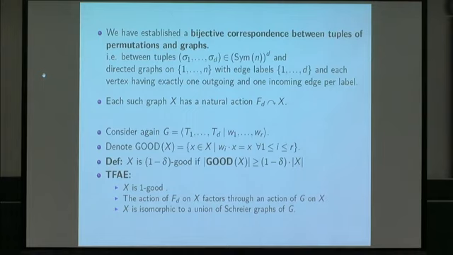This is the same as saying that this graph is not only a graph with an action of the free group, but with an action of G. Or in other words, that the graph X is isomorphic as a label-directed graph to a union of Schreier graphs of G. Yeah, so this is completely elementary, but very useful. So using this language of graphs, I got this notion of a graph which is almost good, almost has an action of G. And I quantify it. I have 1 minus delta good graphs.